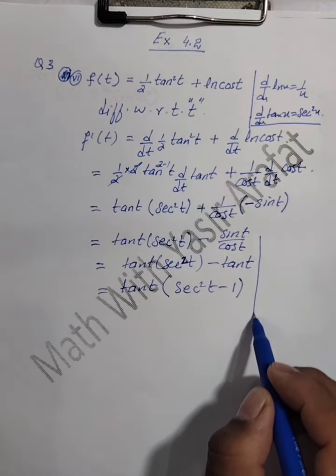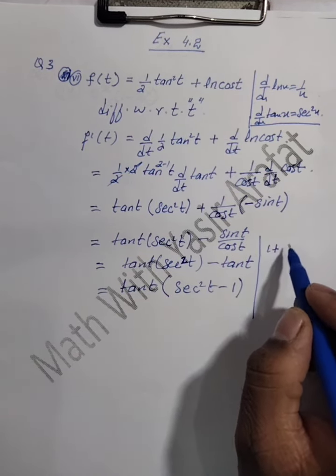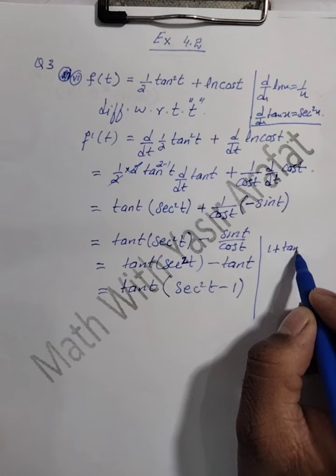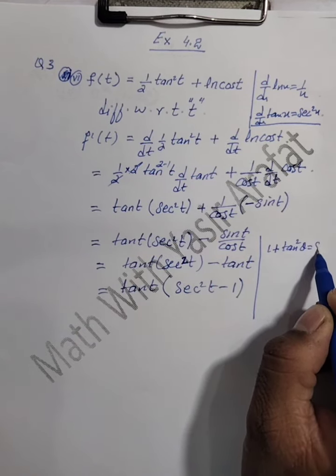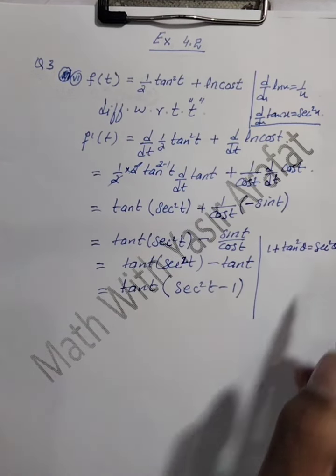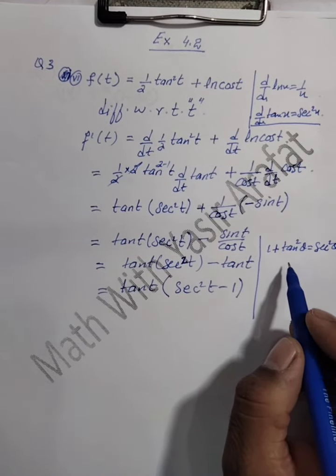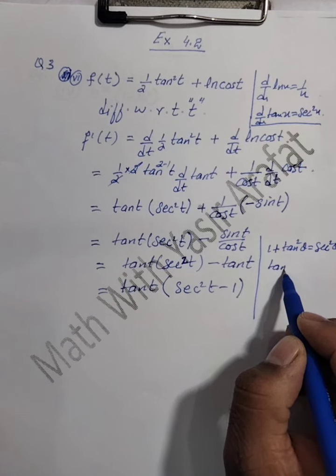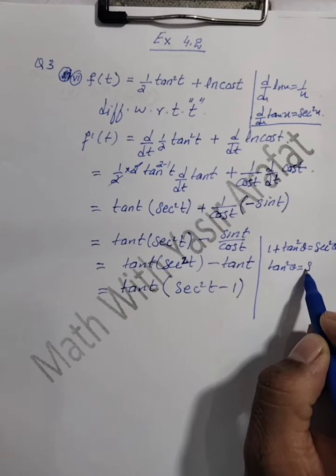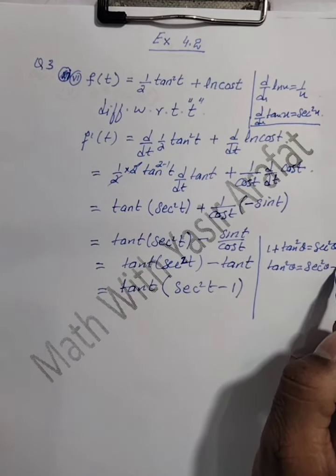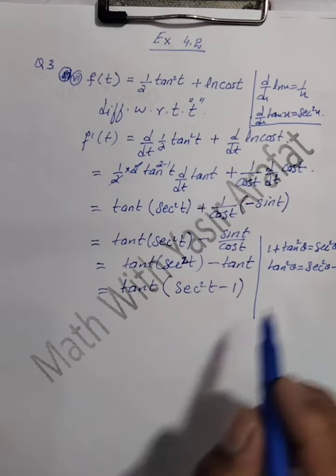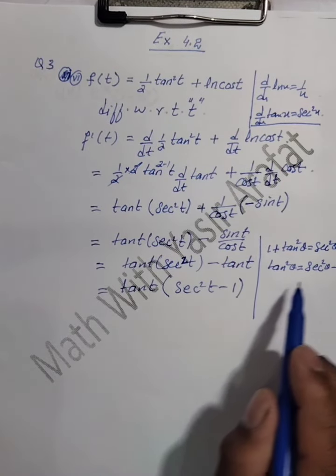As we know that 1 plus tangent square theta is equal to sec square theta, and this is sec square theta minus 1. This plus 1 we have to shift here. So this is sec square t minus 1.